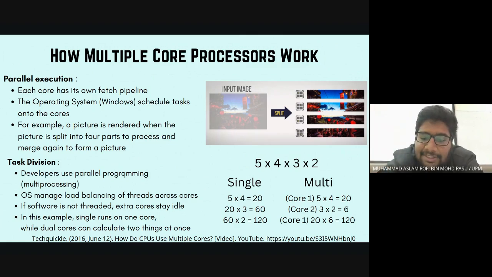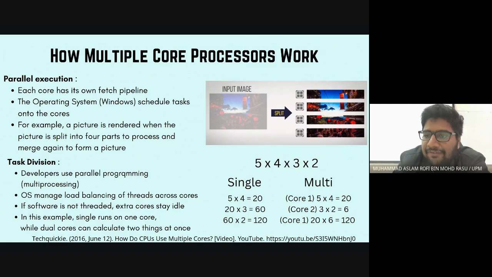But let's take a look at a multi-core. In this case, it's a dual core. 5 times 4 equals 20. At the same time, the second core is calculating 3 times 2, which equals 6. Now, because they have both calculated things, they only need to use core 1 again to multiply 20 times 6, which equals 120.